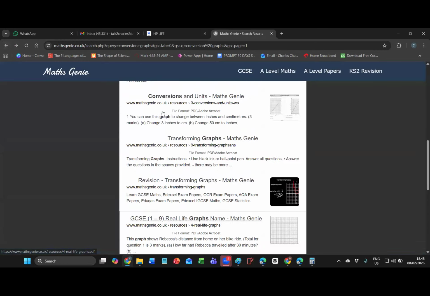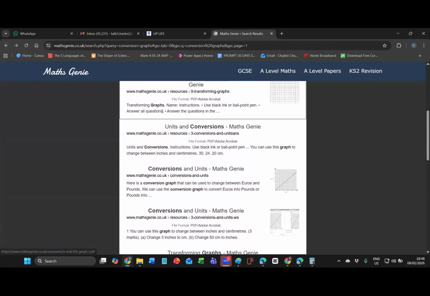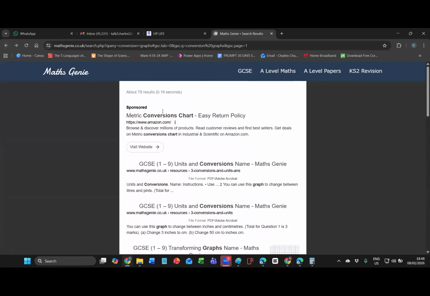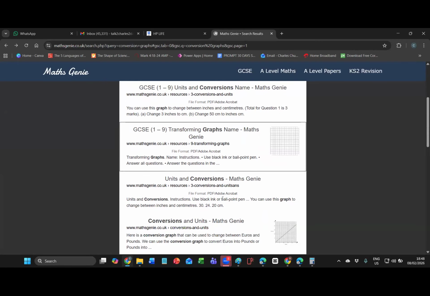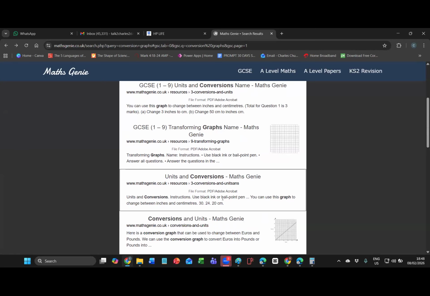All you just need to do is to plot, get your points out, and then plot the graphs. I don't think so because we did that in year 7. Yes, yes. So those ones are quite straightforward. So something tells me maybe the topic is not conversion graphs, right?